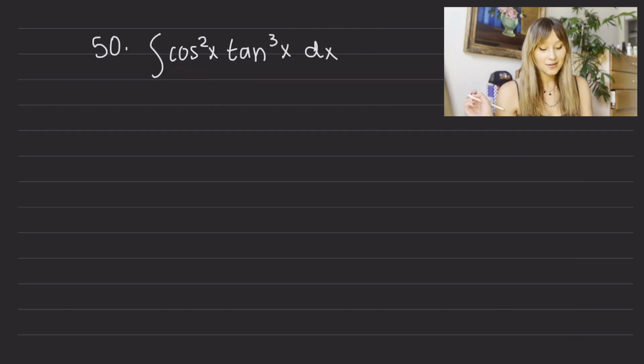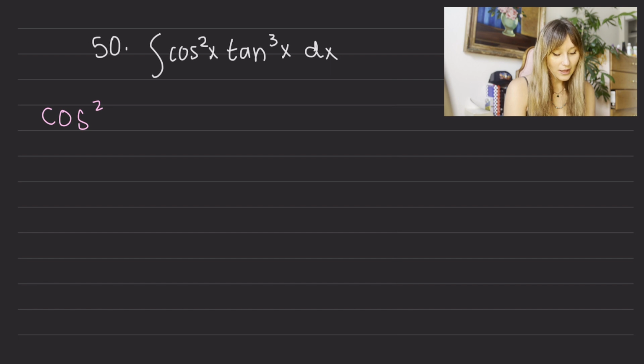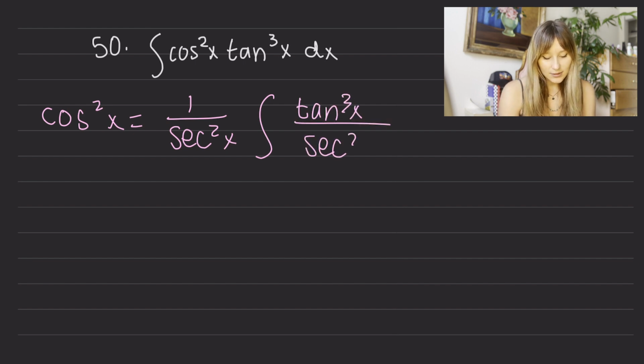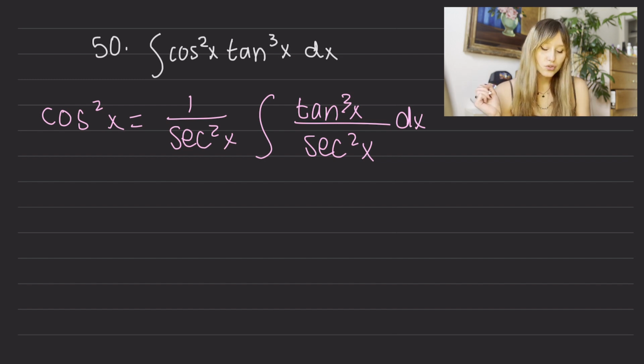Cosine is one over secant, so I'm going to make that substitution. And then we are going to rewrite tangent cubed x over secant squared x dx. So I made that substitution, and I'm going to rewrite it here. And then we are going to make some substitutions, I guess.